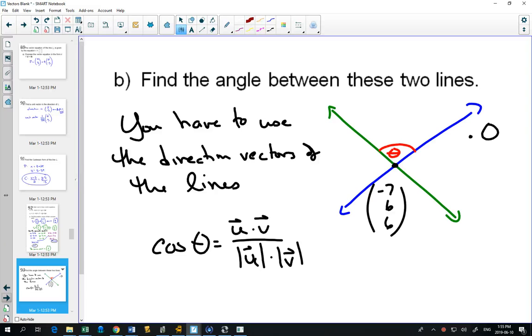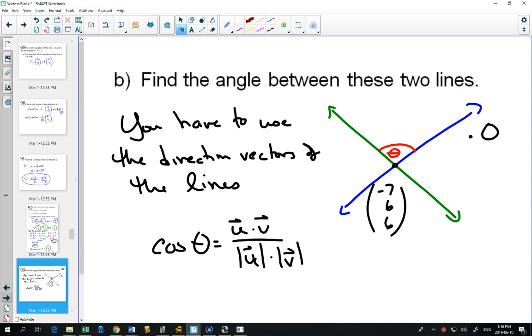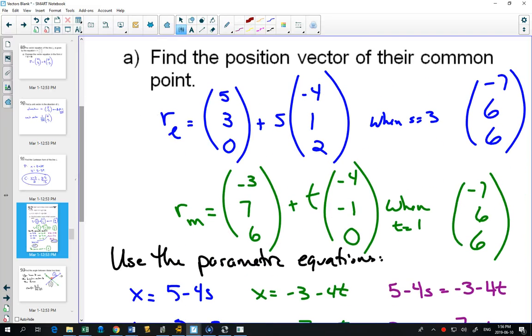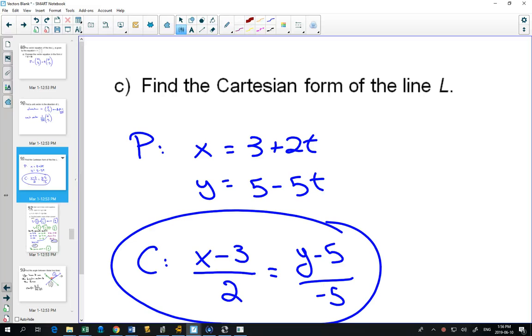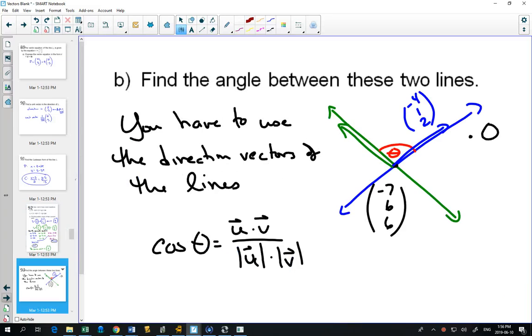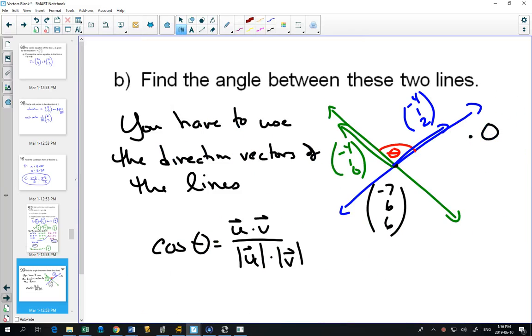So if I go back to my 2 equations of the lines, my blue equation had a direction vector of negative 4, 1, 2. So I'm going to write that direction vector. My green line had a direction vector of negative 4, negative 1, 0.